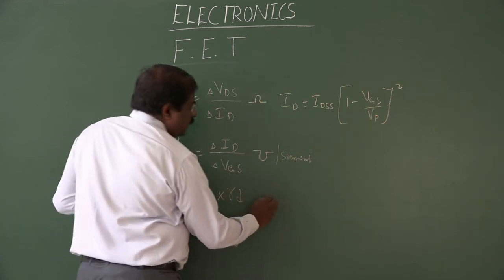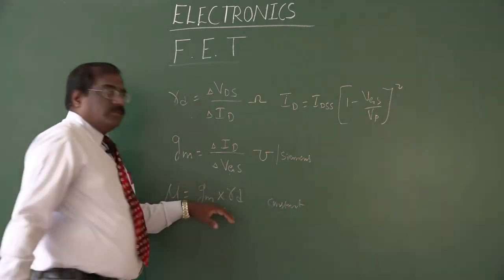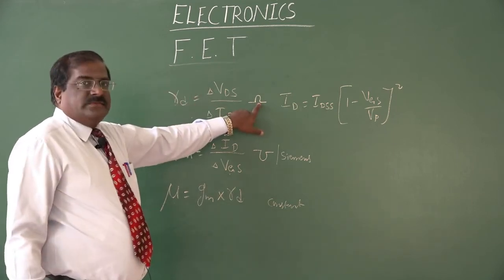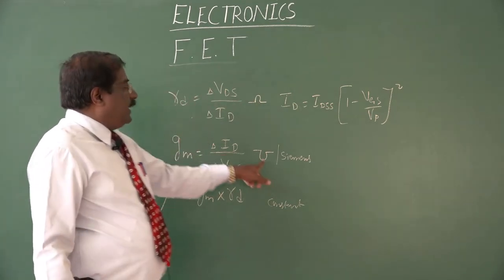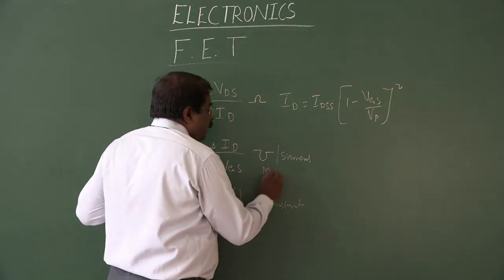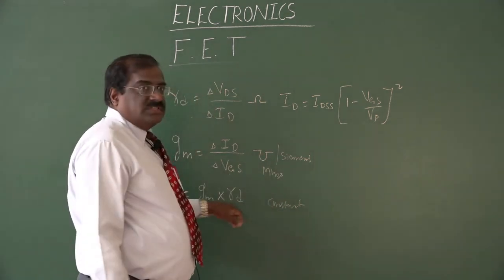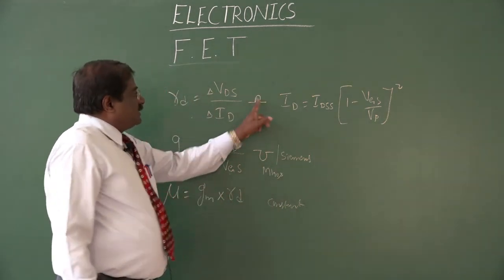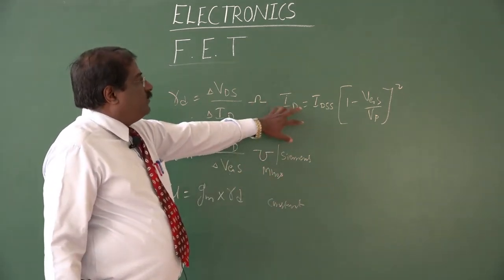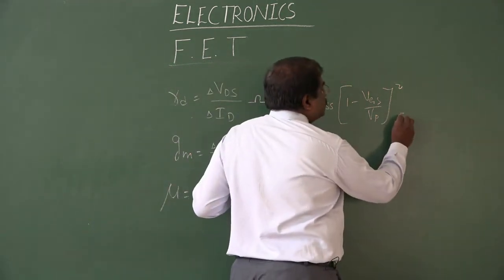For mu there is no unit, it is a constant. Mu equals GM into RD, so ohms and mhos get cancelled and it is a constant. ID is equal to IDSS times 1 minus VGS by VP whole square, and this is in amps.